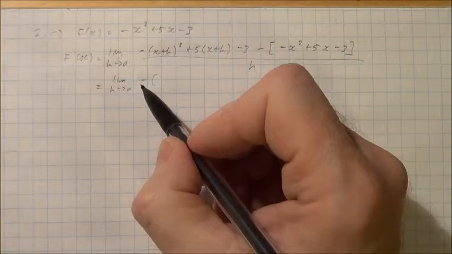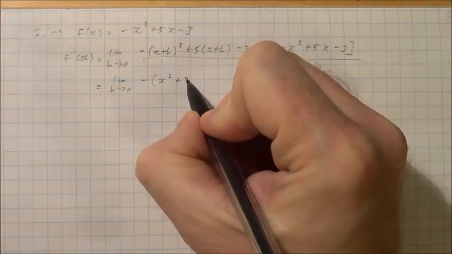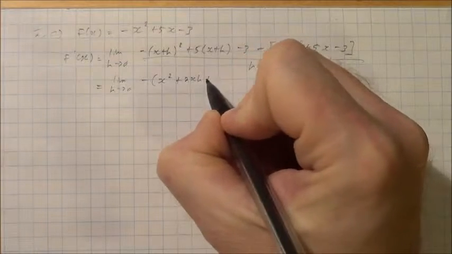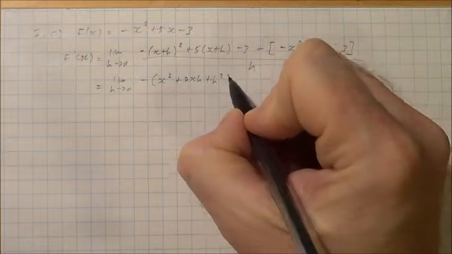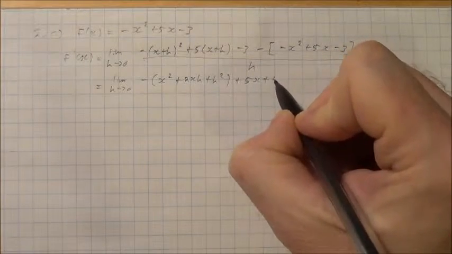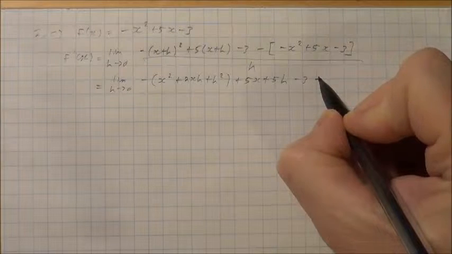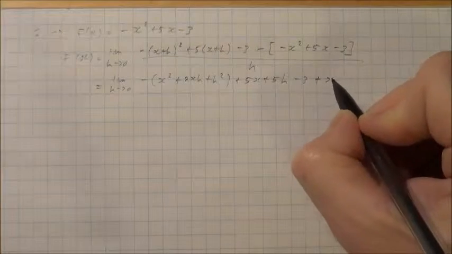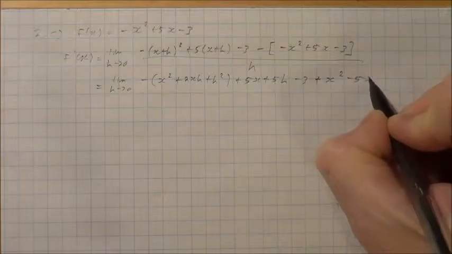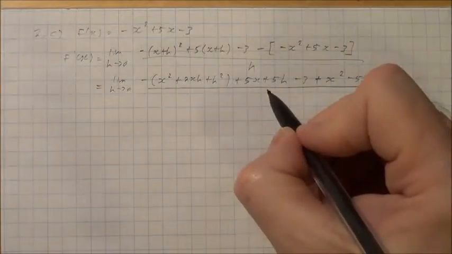I'll leave that negative outside for now, just because I don't want to get too far ahead of myself. I can expand that 5 in because it's not as tricky. And I'll expand this negative into this second bracket. And this is all over h.